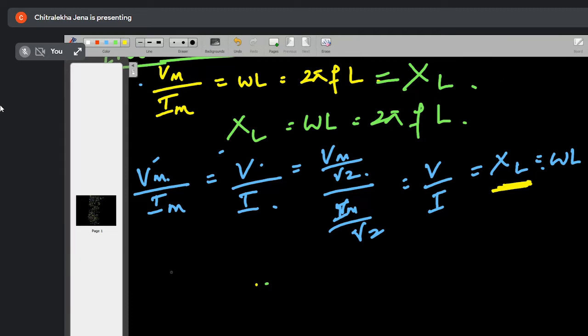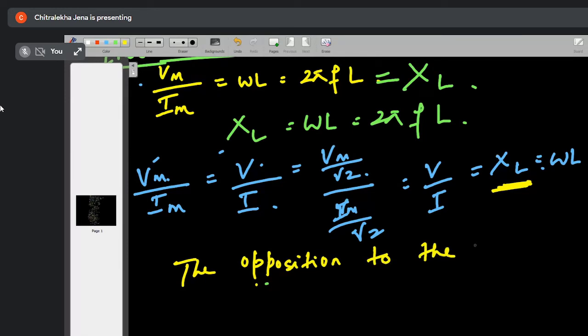Here I am writing the definition of inductive reactance. The opposition to the flow of current, always the opposition to the flow of current, is defined as the ratio of voltage to current.